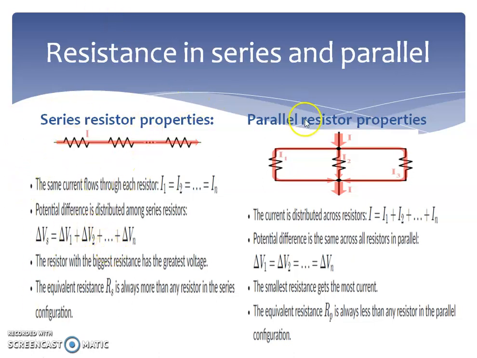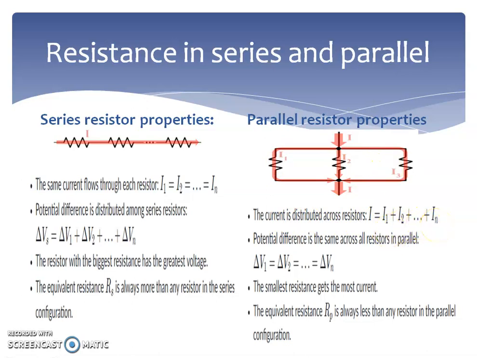Now we will move towards the properties of resistances connected in parallel with each other, as shown in the diagram. Here we have three resistances connected in parallel. We can have multiple resistances connected in parallel. The current is distributed across the resistances: I1, I2, I3 till the nth resistance.